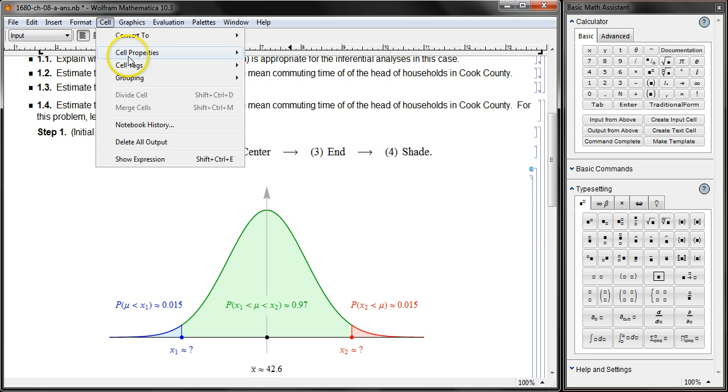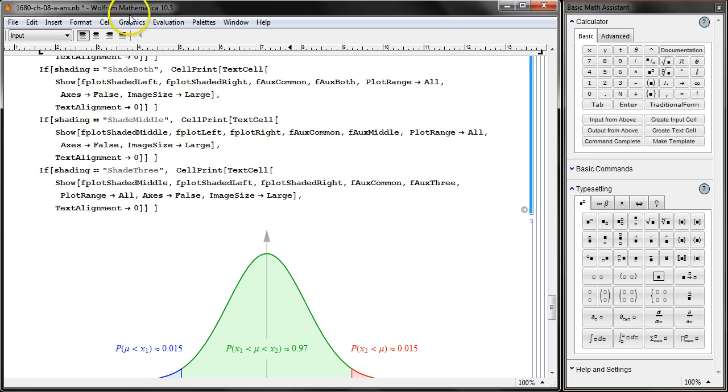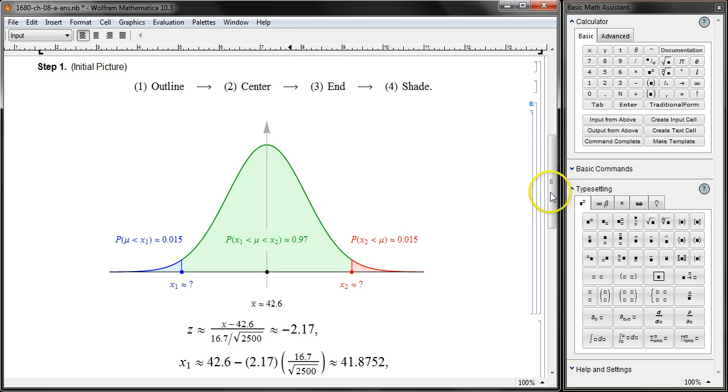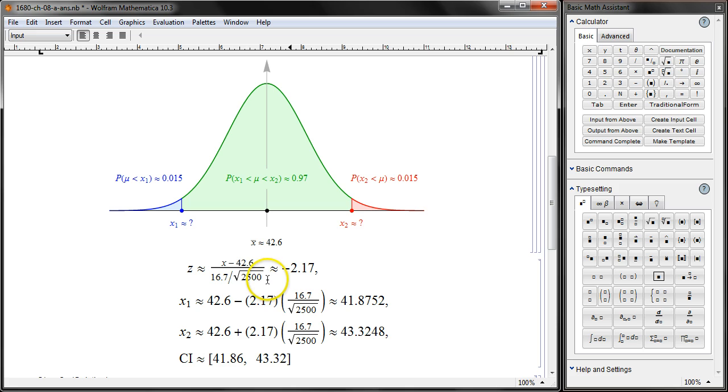What difference will it make? In terms of picture, you're not going to see anything actually. We have 97% here, 1.5% here, 1.5% here, 42.6 here. But what is x1 and what is x2? They're going to be affected this time. How are they affected? Well, here's a computation. Instead of 2,500, they're changing to just 500.